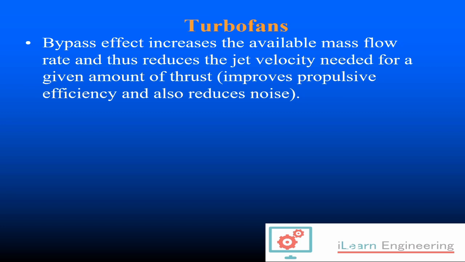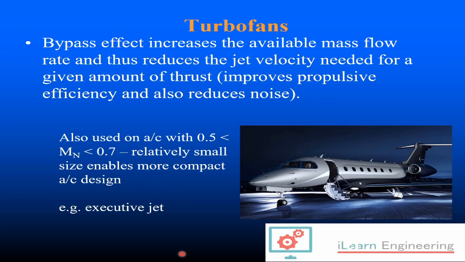Because you've got a much bigger mass flow rate, you don't need as high a jet velocity, and the whole thing becomes a lot quieter, and it improves the efficiency as well. They're used mainly on aircraft with a Mach number of between 0.5 and 0.7, 0.8, something like that. They are relatively small in size, which enables compact aircraft designs as well.